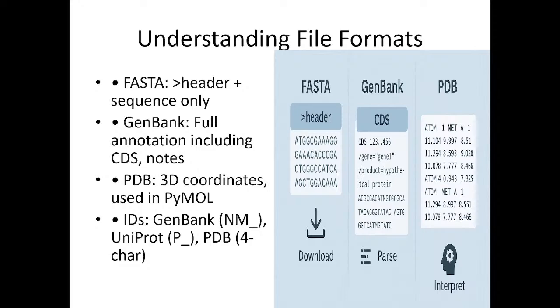So if it is GenBank, it is going to start with NM, or it's going to be a capital letter followed by 2. Then the number can continue. If it is a UniProt, it is going to start with P. You need to know that. And if it is a PDB, it is going to start with a 4, and so on and so forth like that.